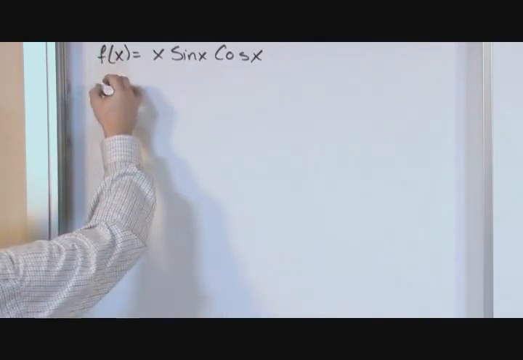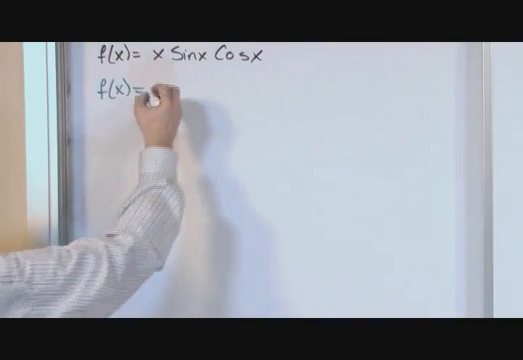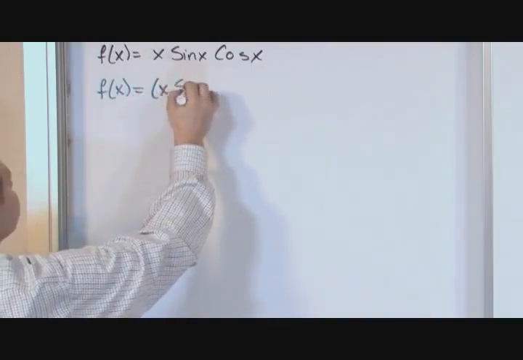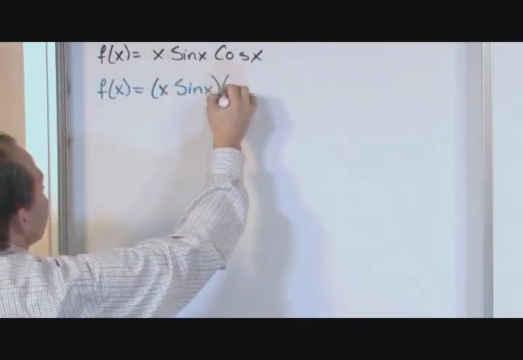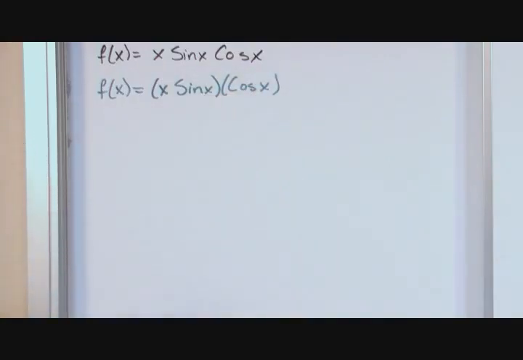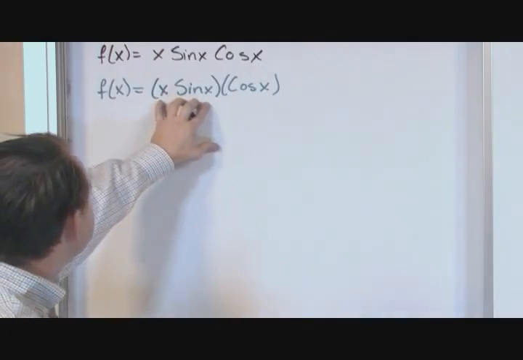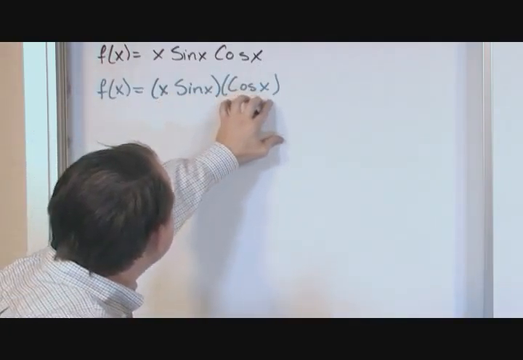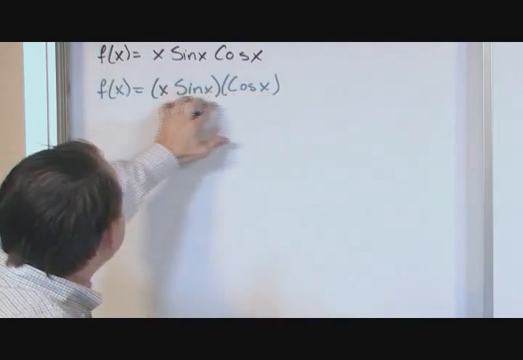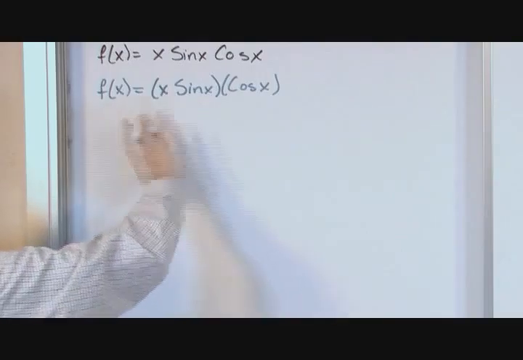If you rewrite this guy as follows, I think you might understand how to do it. x times the sine of x times the cosine of x. Exactly the same thing, right? But here, when I put parentheses, I'm kind of implying to you that this is sort of function number one, and this is sort of function number two. So this is function multiplied by function. Now this guy is comprised of two things multiplied together. We'll deal with that later.